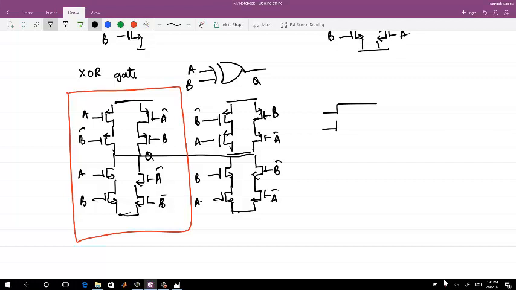Consider the case of A and B both low. At that time, your Q output, with A and B both low, was low, not high.